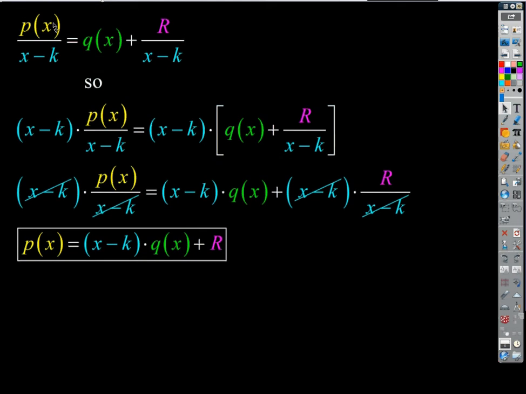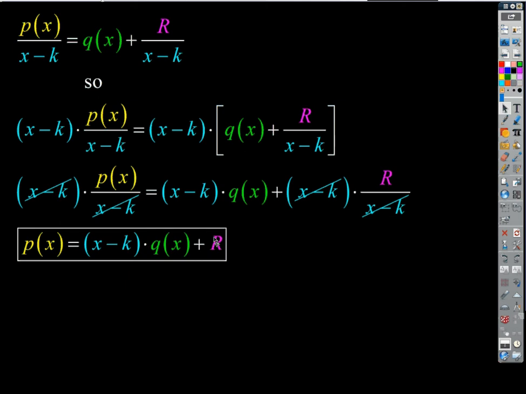If we divide a polynomial by x minus k, and this is my answer, some q of x, some polynomial answer plus a remainder term, then this always has to be true. The original polynomial that we divided by x minus k has to equal x minus k times the polynomial part of my quotient, but then I have to add to the end some remainder.